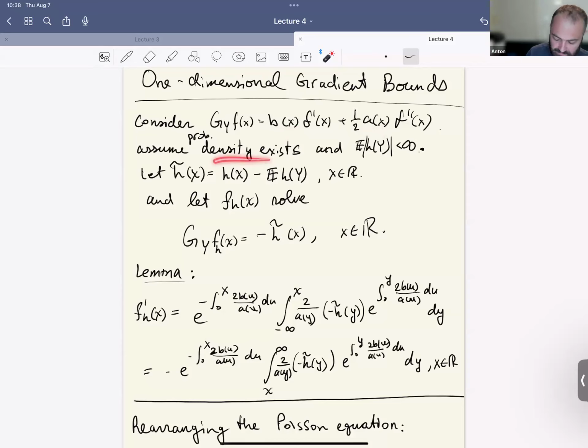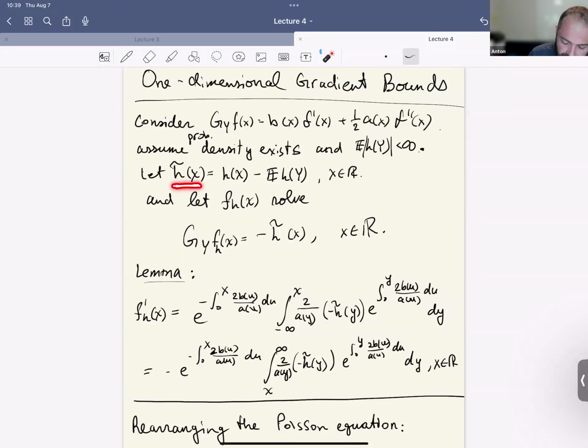We assume that the density exists, and the density you can find in the lecture 3 slides. We assume that H is integrable. Again, I showed you last time in our case, the density is a Gaussian, so H being integrable is not a big deal.